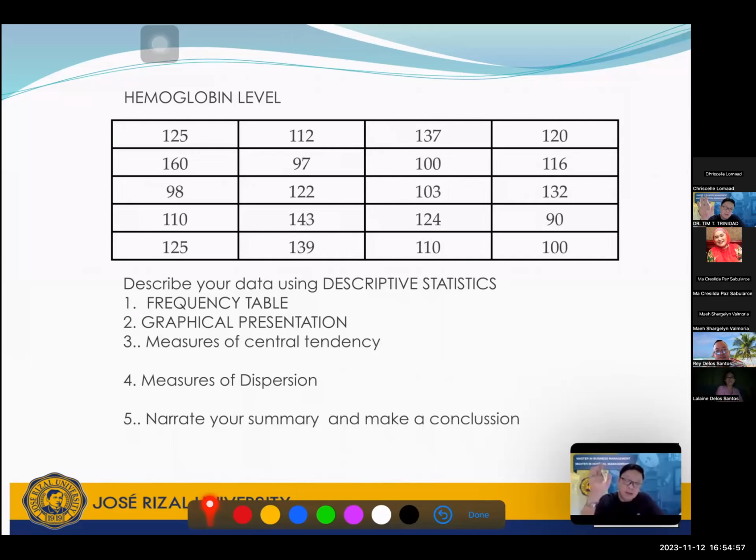So next meeting you will present the descriptive analysis of this data. Okay, next meeting, choose someone who will report and do the analysis of this case in terms of descriptive statistics. Is that okay with you? Yeah. So aside from reporting, you will also pass this individually, because it would be unfair if only the one who reports analyzes it.